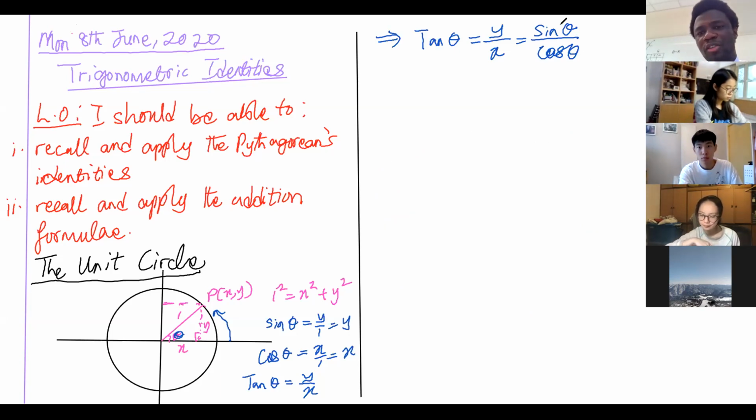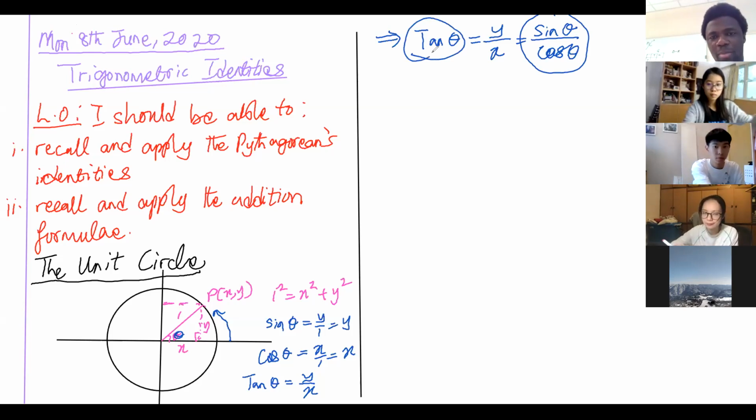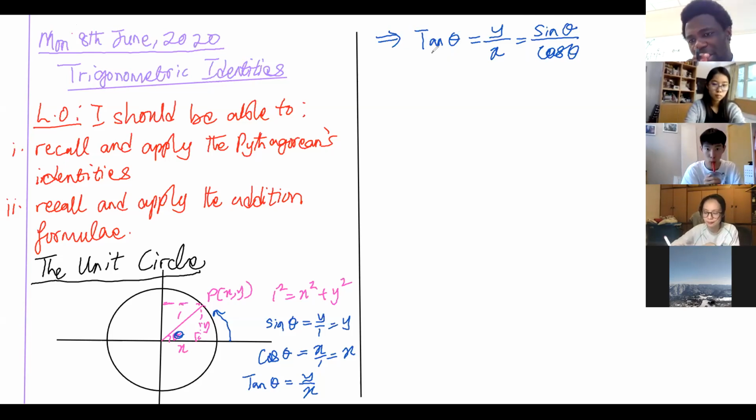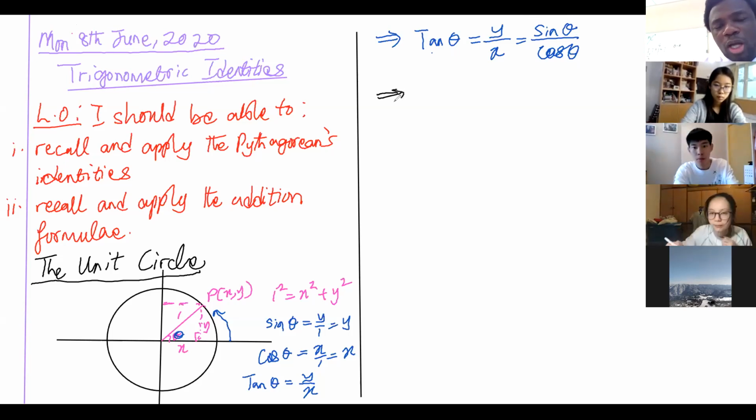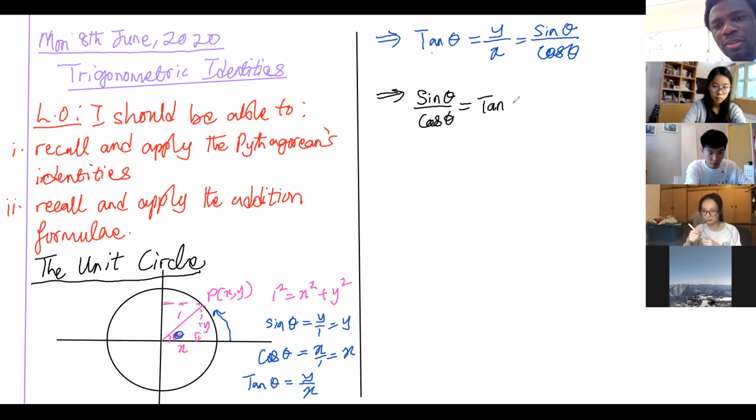So the quotient of sine and cos of the same angle is the tangent of the same angle. Does that make sense? Let's take note of that. So identity number one for now is that sine theta divided by cos theta is equal to tan theta.